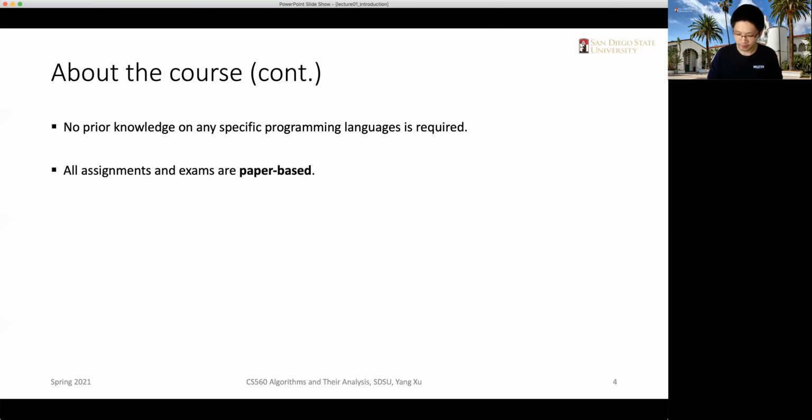We would have mathematical proofs, where you need to use mathematical induction to prove some theorems, or you will need to read pseudocode, specify the places that could be wrong, and make the corrections. So even though all the questions are paper-based, you will still need to read and write some pseudocode to implement algorithms.